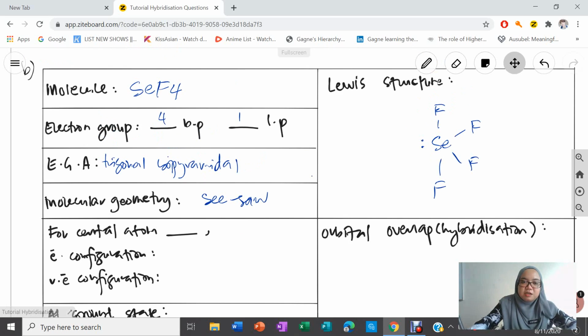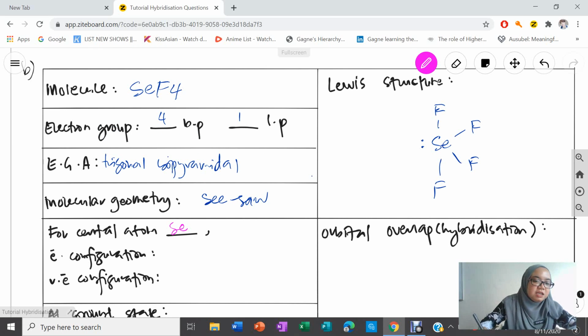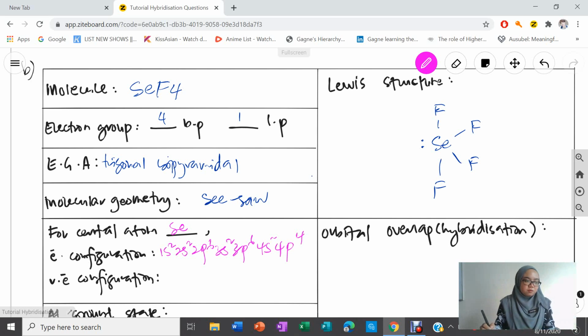Okay, that's for Se. So now we want to look for the central atom only. So around the central atom Se, the electronic configuration is 1s2, 2s2, 2p6, 3s2, 3p6, 4s2, 4p4, 3d10.